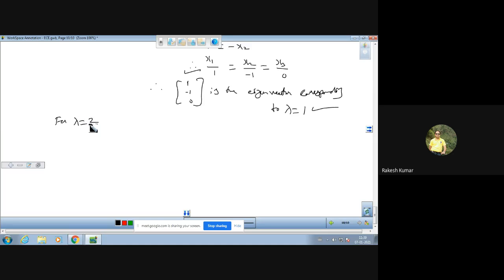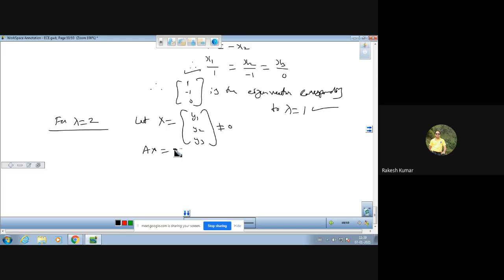For lambda is equal to 2, we have to use the same methodology, and let's take x as another value y1 y2 y3, which is a non-zero vector corresponding to lambda is equal to 2.